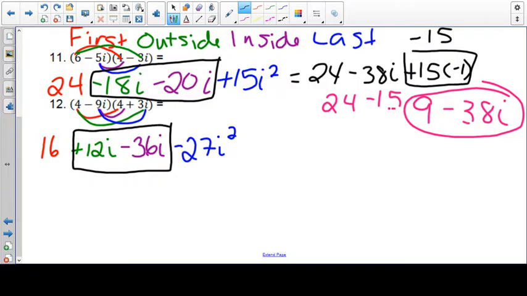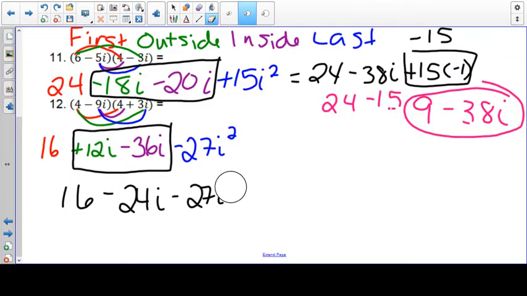So we're going to add these two in the middle. So I get 16 minus 24i minus 27i squared. But we know that i squared is equal to -1.